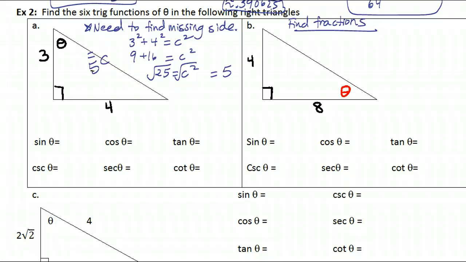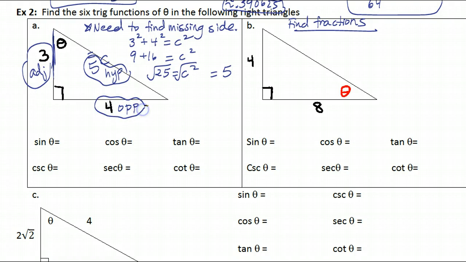All right, so what I need to do next is figure out which side is opposite, adjacent, and hypotenuse. Remember, hypotenuse is always across from the right angle, so that's easy to remember. Adjacent is the other leg touching my angle, that's not the hypotenuse, and opposite is across the triangle from my theta. So there's my labels. Now remember, sine is opposite over hypotenuse.